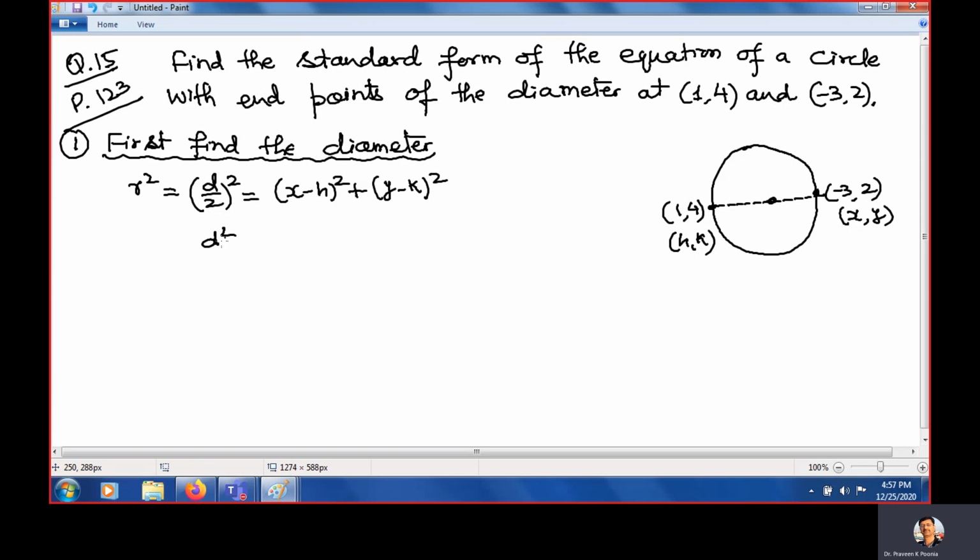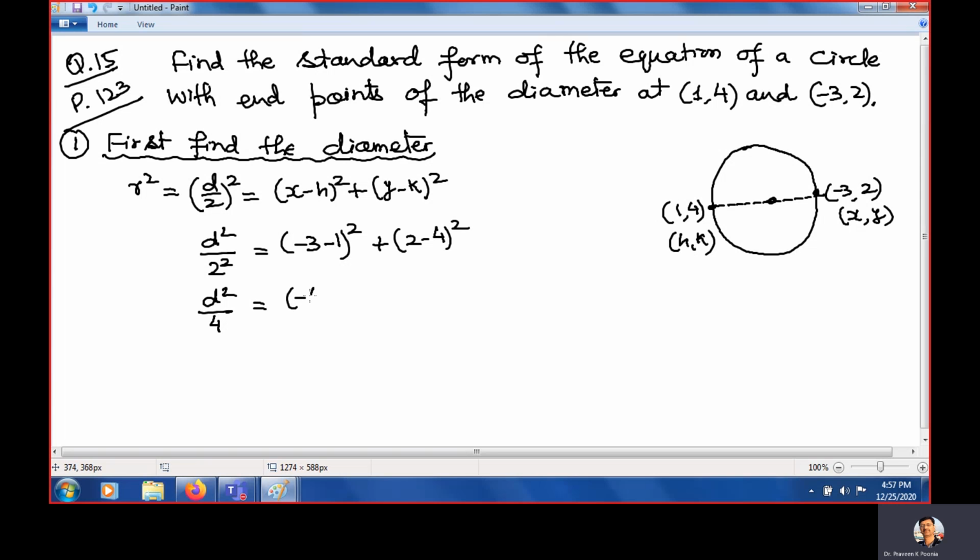And how much is it? d power 2 upon 2 power 2. What is x? Minus 3. What is h? Minus 1, power 2, plus what is y? 2. What is k? Minus 4, power 2. And how much is it? d power 2 upon 4.